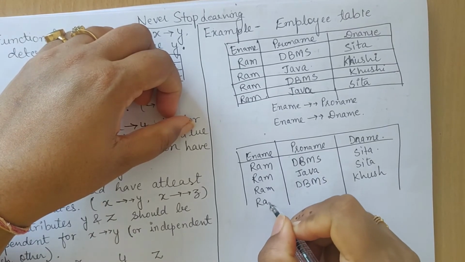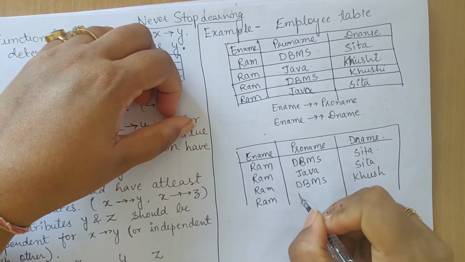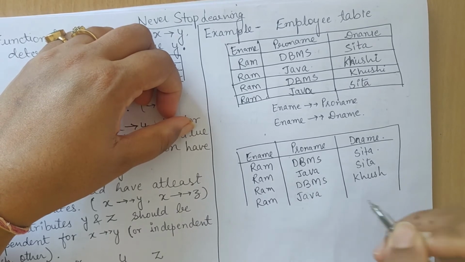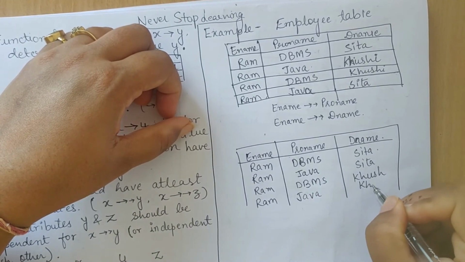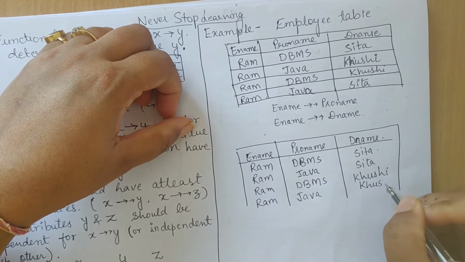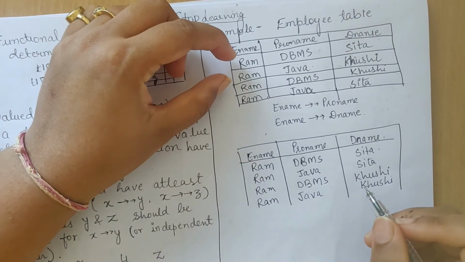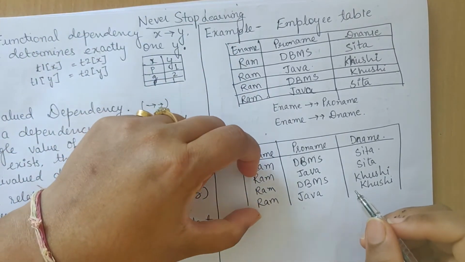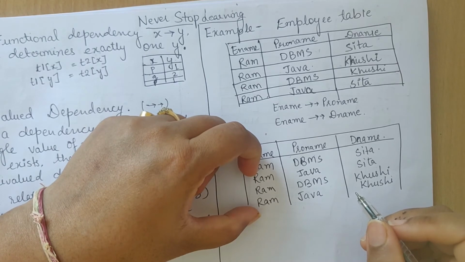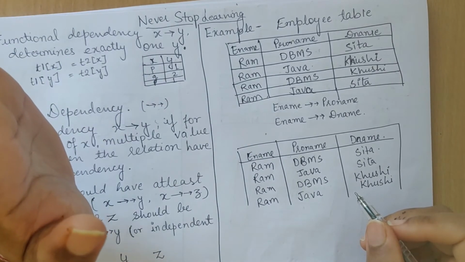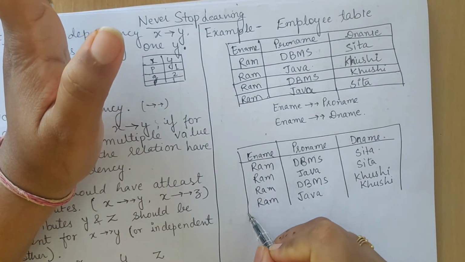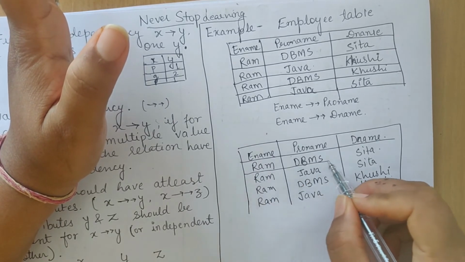Ram, Java, Khushi. So for only these 2 rows, 2 additional rows are generated, 2 redundant rows other than the actual rows.